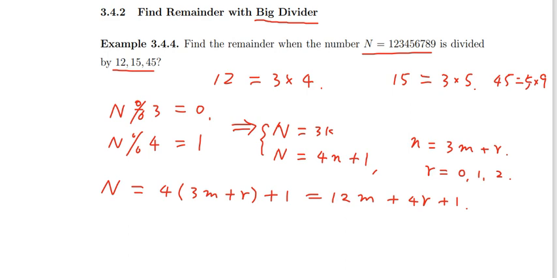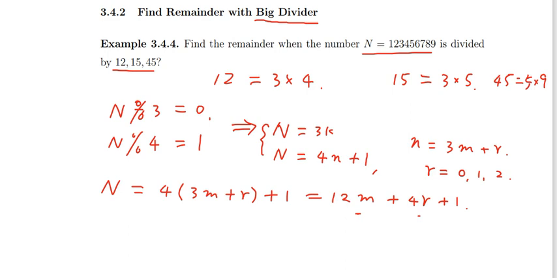So for this n, we know divided by 4 the remainder is 1. So this part, 12m, divided by 4 has remainder 0, and 4r also divided by 4 has remainder 0, right?